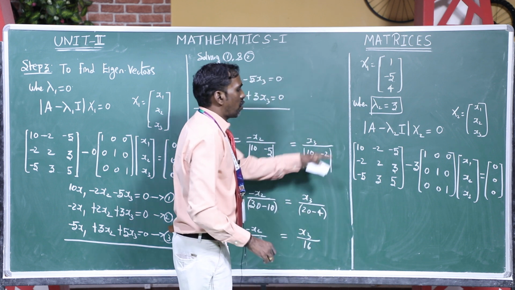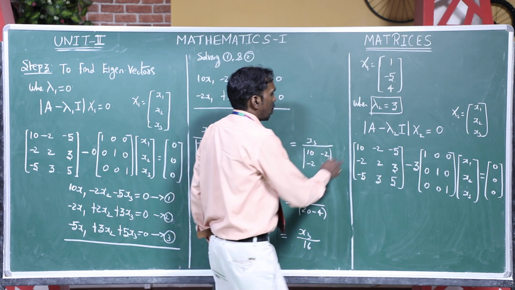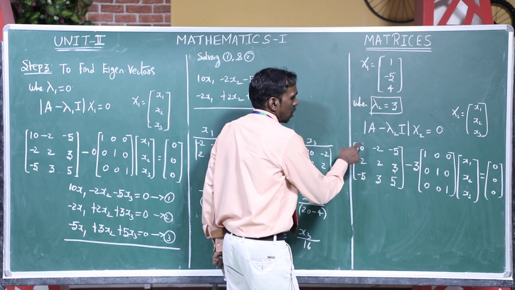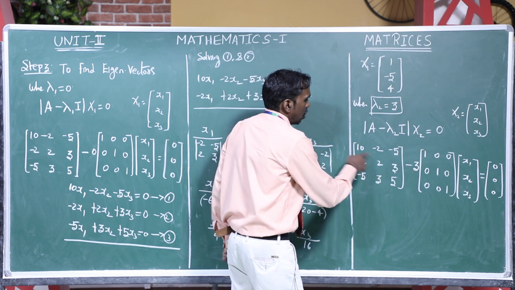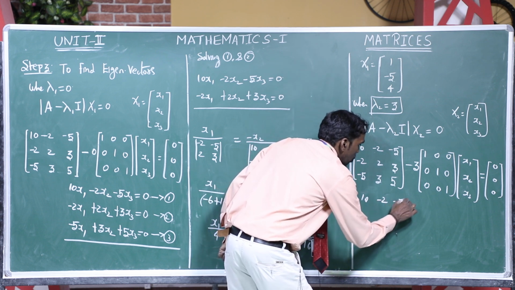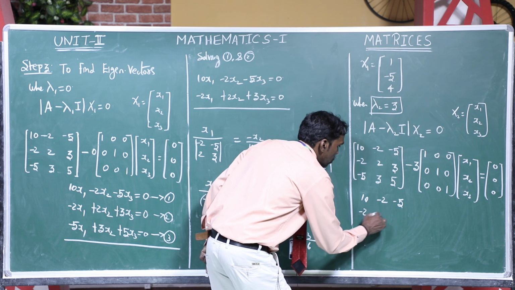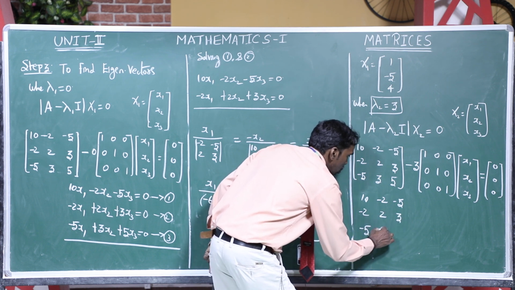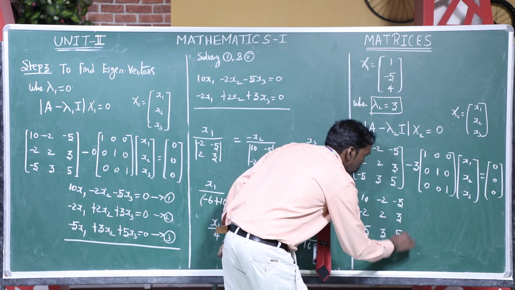So we have to simplify this. So 10 minus 3, then we multiply: 10, minus 2, minus 5, minus 2, 2, 3, minus 5, 3, 5.